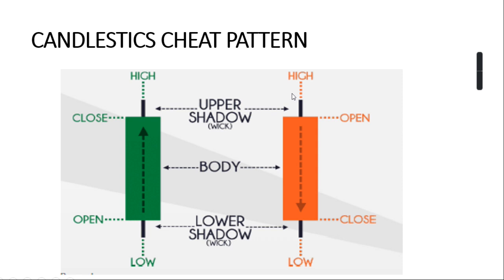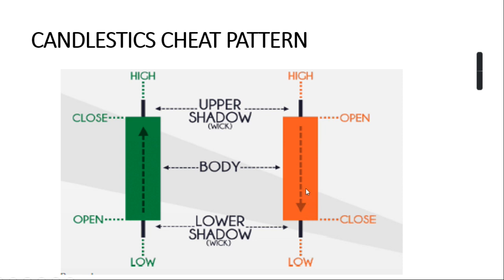So this one, it opened where? On top here, and the buyers tried to take price higher, but they failed, and sellers came in and took the price lower. Again the buyers tried to take price higher, but they failed, and it closed lower than it opened. Therefore, that showed bearish momentum.